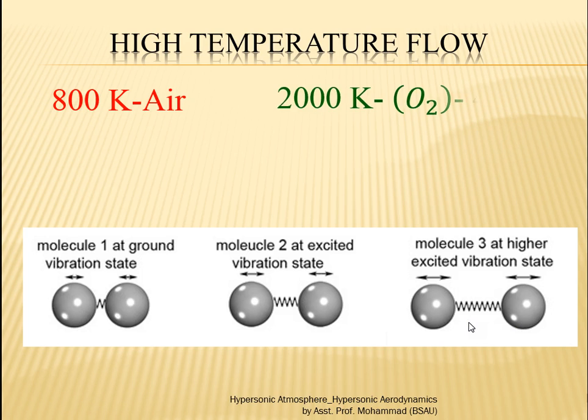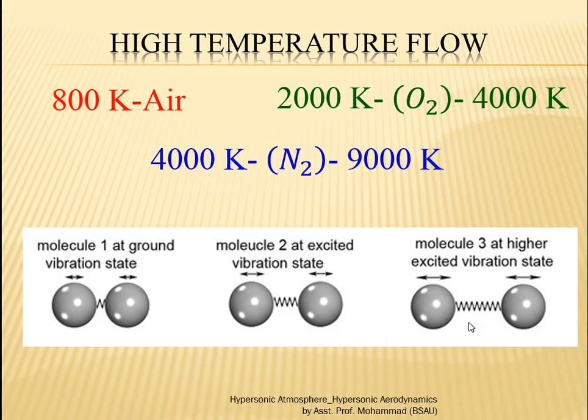If you look into the air composition, it is mostly oxygen and nitrogen. Oxygen starts showing some dissociation, and its molecules start dissociating from each other at a temperature of something like 2000 Kelvin, and at 4000 Kelvin they become fully dissociated, and every oxygen molecule available will be in a dissociated form. Nitrogen starts dissociating at 4000 Kelvin, and by 9000 Kelvin nitrogen also becomes fully dissociated.